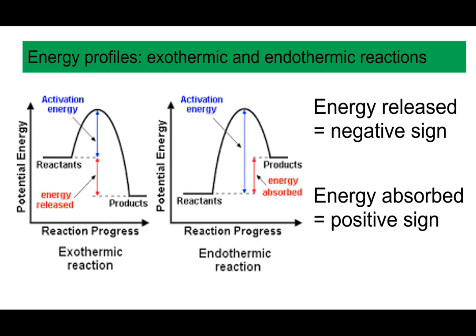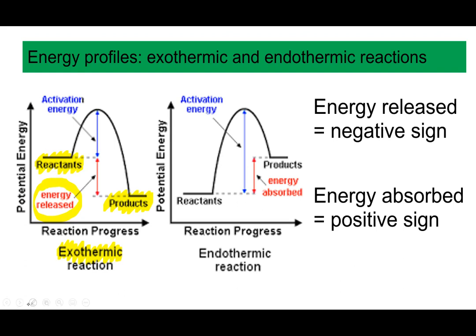If I look at my two diagrams, on the left, I've got my exothermic reaction, my reactants, and my products. If I look at where they're positioned, my products are lower than my reactants, which means that energy is released, and therefore it's exothermic.